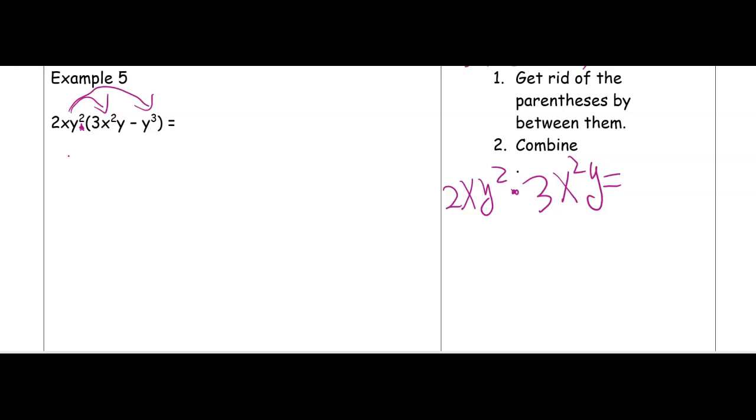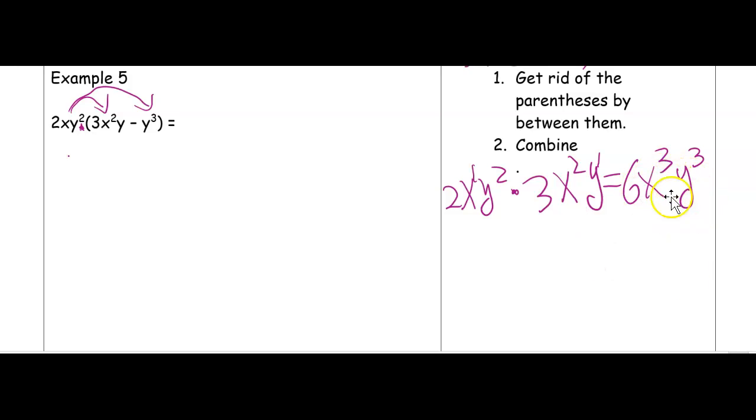Okay. First, number times number, 2 times 3 gives you 6. Next, x to the power of 1 times x to the power of 2, add up the power, is x to the power of 3. Next, y to the power of 2 times y to the power of 1, add up the power, gives you y to the power of 3.